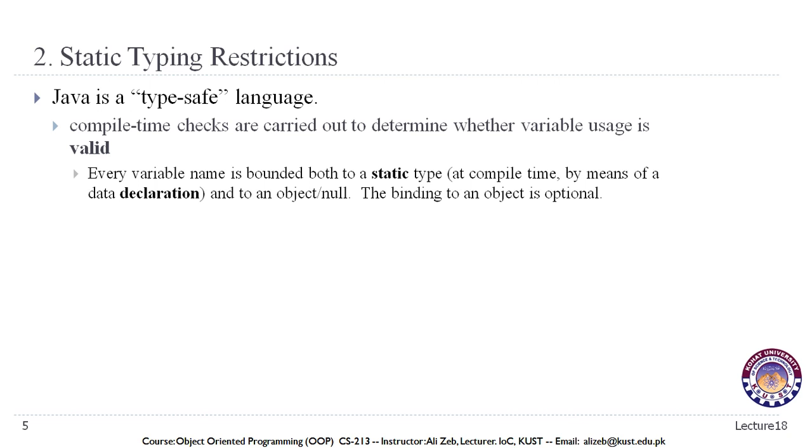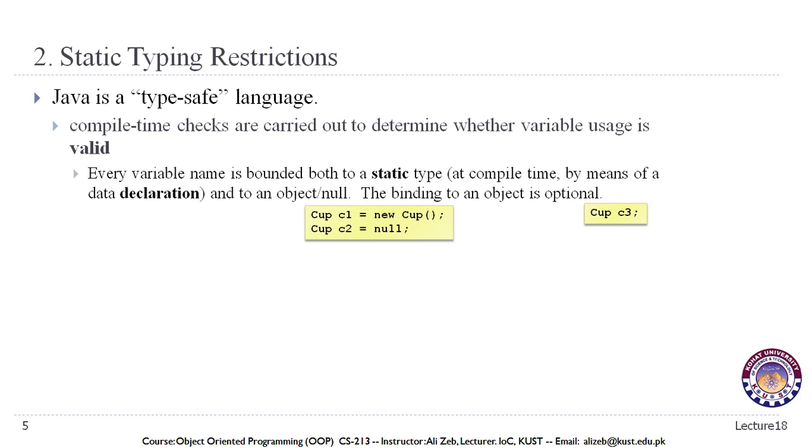Every variable name is bound to a static type at compile time by means of a declaration. For example, when we declare an object with a user defined data type, this variable is bound to this class, the data type that we have declared the object with.